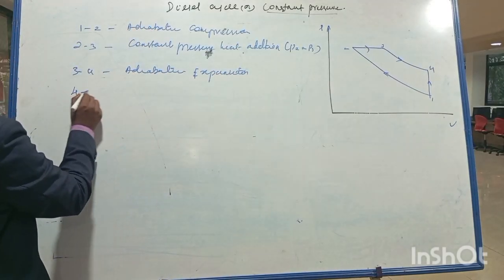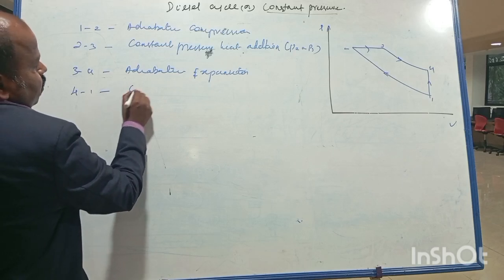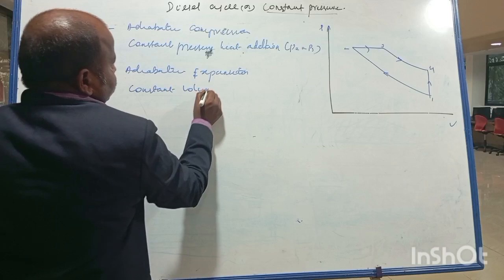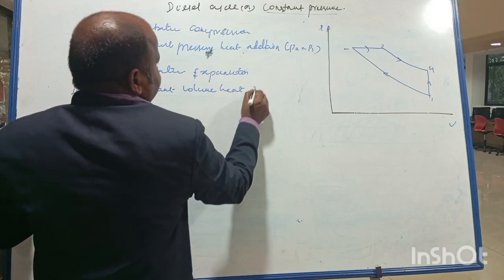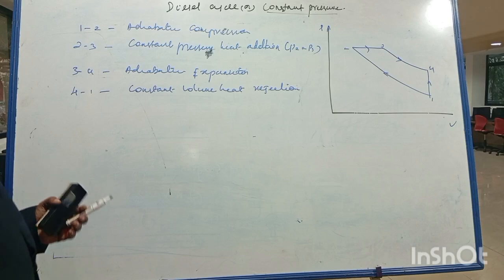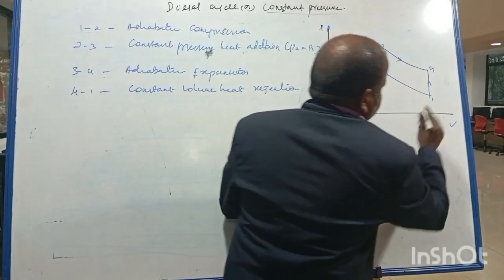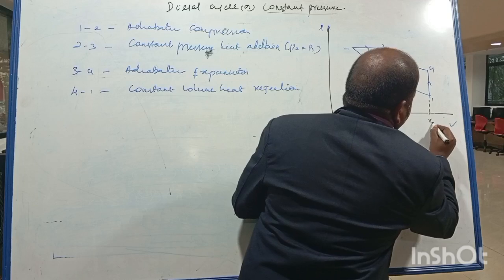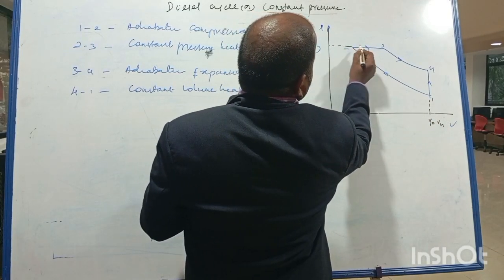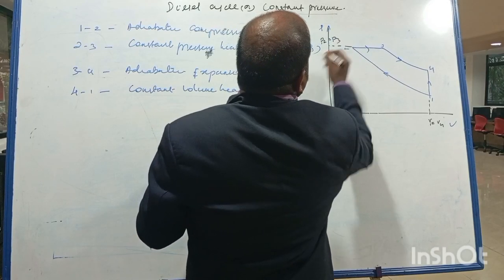And 4 to 1 is nothing but constant volume heat rejection. So this is constant volume heat rejection, V1 should be equal to V4. This is constant pressure heat addition, P2 should be equal to P3.